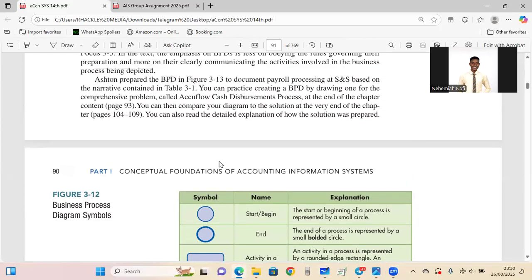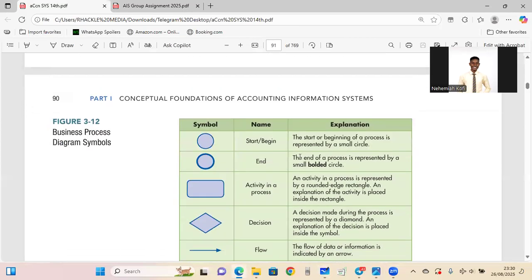So these are some symbols that you are going to see. Once you see this symbol, it means the activity has started or has begun, right? So that's why they are saying that the starting or the beginning of a process or the activity starts with this circle. Now, once you see this one as well, that's the ending part of the activity.